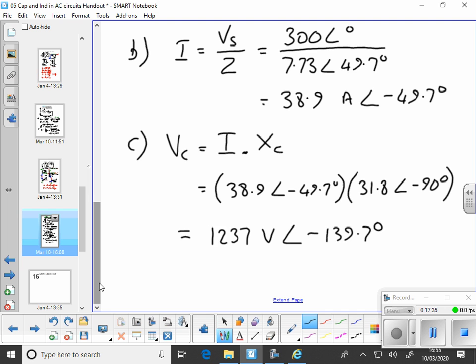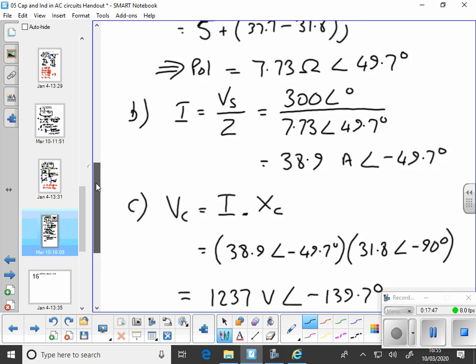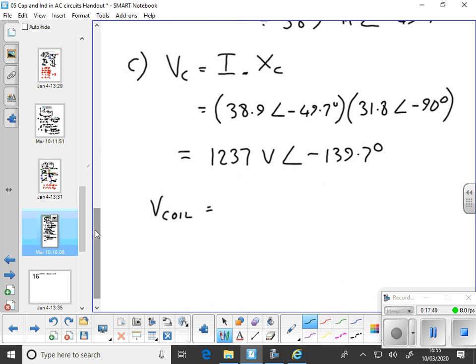Now, what about V coil? We're looking at the coil, that is a resistor and an inductor in series, and we want to know what the voltage across the coil is.